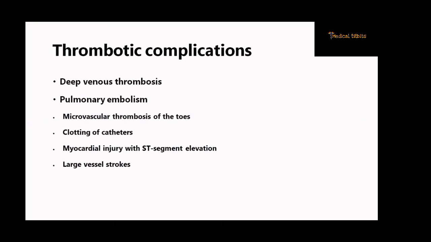Complications include deep venous thrombosis, pulmonary embolism, microvascular thrombosis of toes, clotting of catheter, myocardial infarction and injury with ST segment elevation and troponin elevation, and large vessel stroke. So these are embolic complications which we come across during the COVID disease.